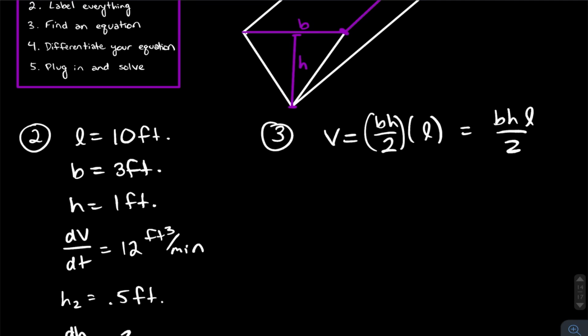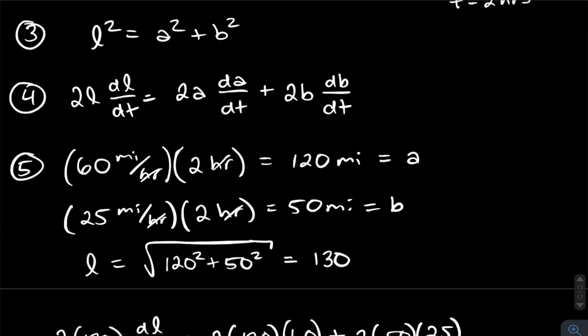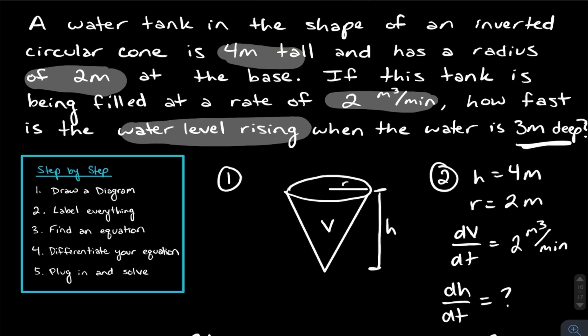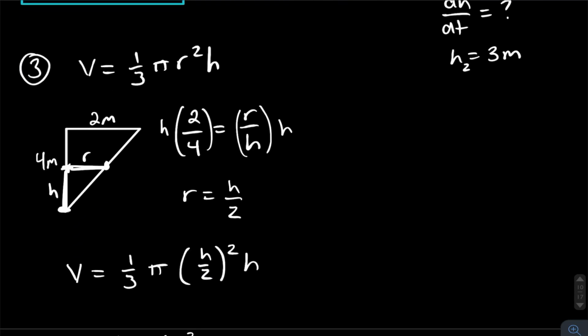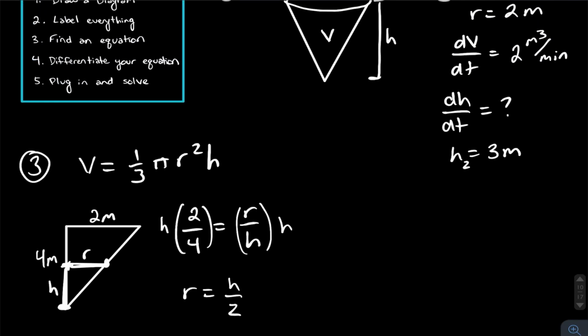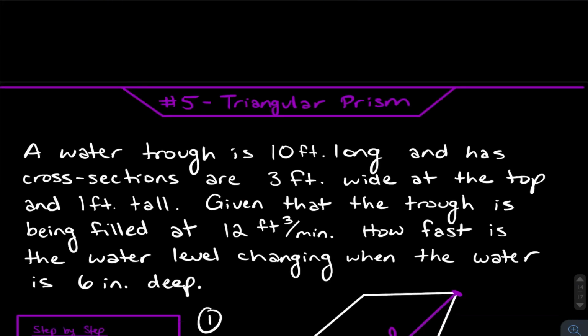But what you'll notice is we have the same thing as we did in the third problem, the cone example, where we have an R squared and an H, they both change in time, and they're right next to each other, which would be really gross. We're not given how R changes in time.